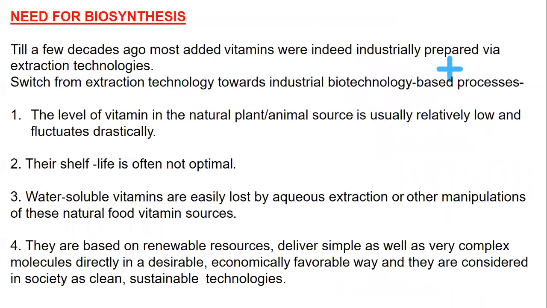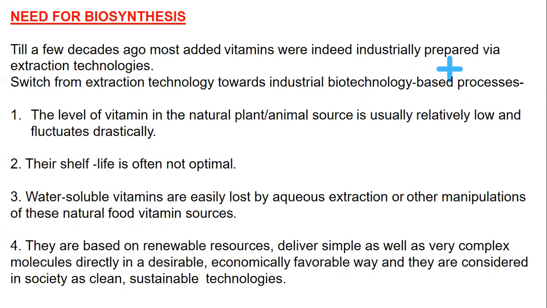Now, the main need for biosynthesis of vitamin C is because first extraction technology was used, but we now prefer industrial biotechnology based processes because the vitamin C present in plant and animal sources is actually very little, it fluctuates, and the shelf life is also not very good.